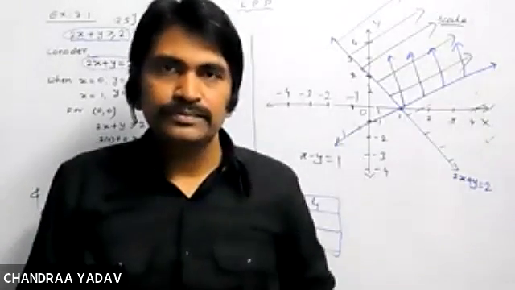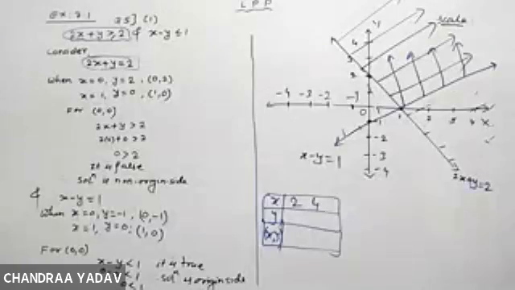Is it clear? In the textbook, they have not mentioned the scale, but my suggestion is you please mention the scale, though we are not using the actual graph paper.